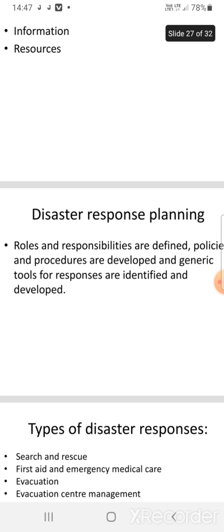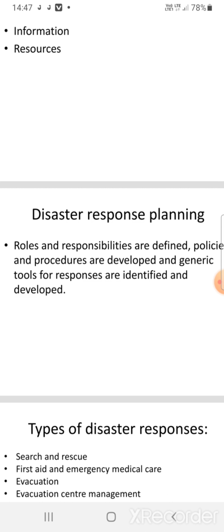Now, next is disaster response planning. The roles and responsibilities are defined, policies and procedures are developed, and generic tools for responses are identified and developed. That is, disaster response planning involves roles and responsibilities defined for different kinds of people, different sectors, different communities, with policies and procedures developed, and generic tools for responses identified and developed.